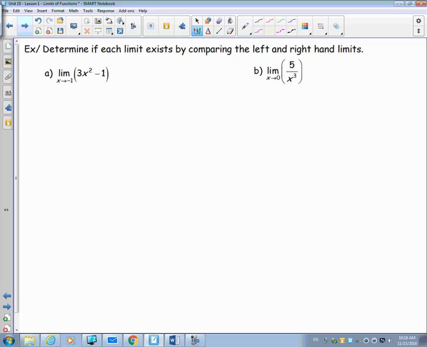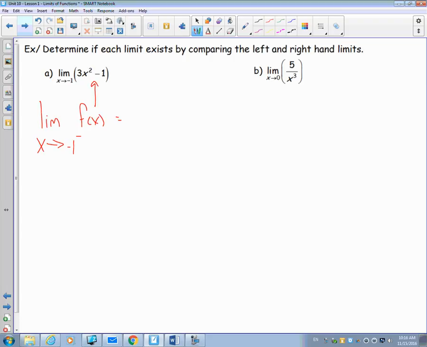Okay, so I want you to use the equation now. No more pictures. Can we figure out if our limits exist? So we slowly want to take away that picture. How can we do this? Well, we need a left hand and a right hand limit. So I need to figure out, as I approach from the left for my function, what kind of values do I get?